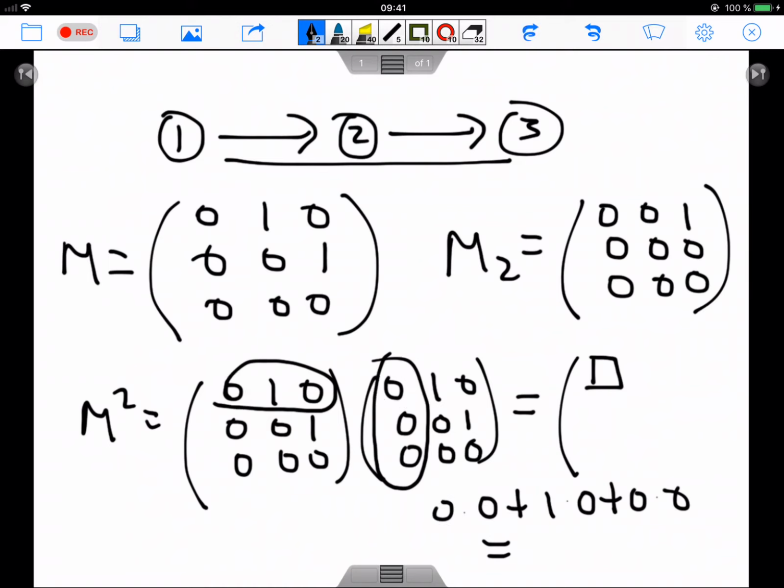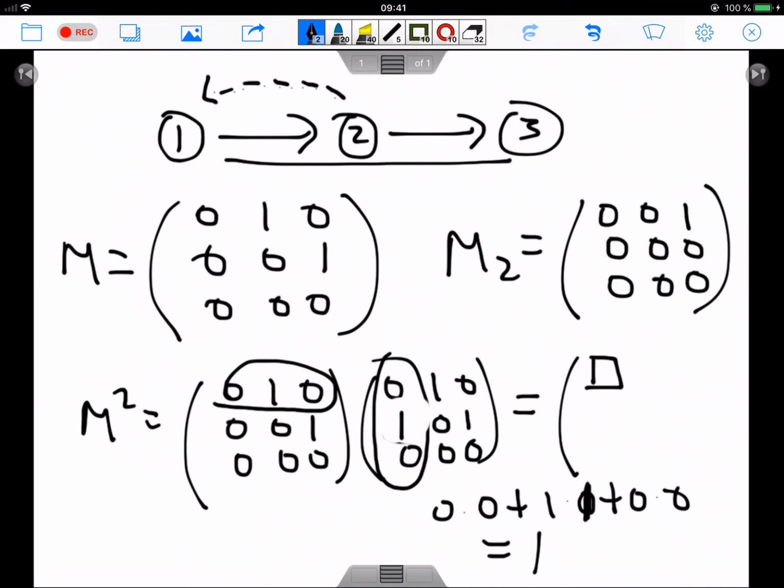Something similar happens if we had a 1 here. Imagine that we had a 1 in this position. This position is for the edge from 2 to 1. We have no edge from 2 to 1 in this graph, but imagine that we had one. Then in this position there would be a 1, and when we make the multiplication, here we would have a 1, and this would give us 1.